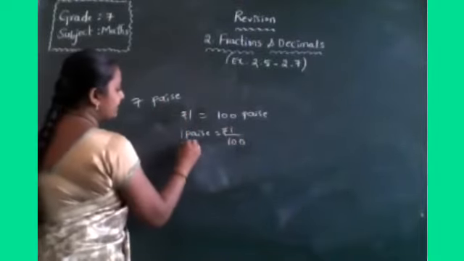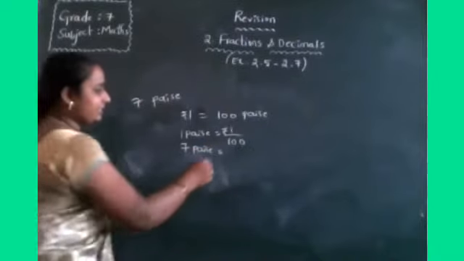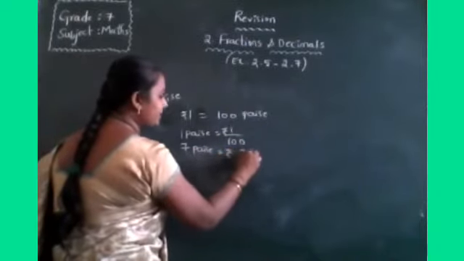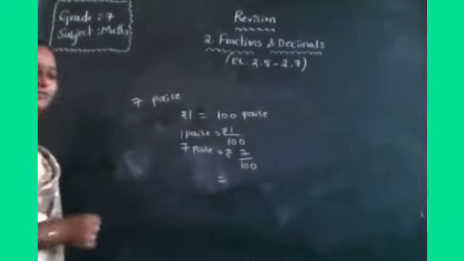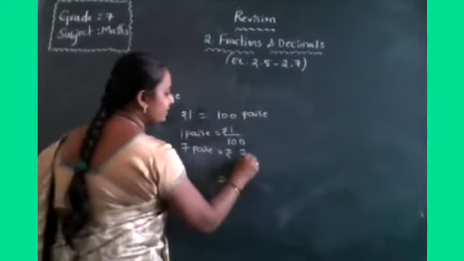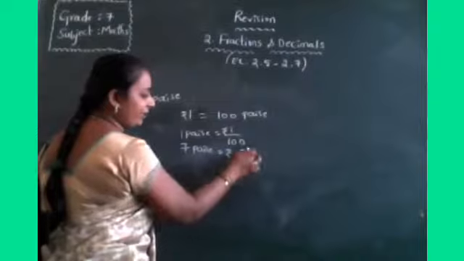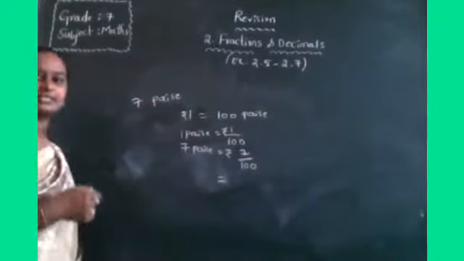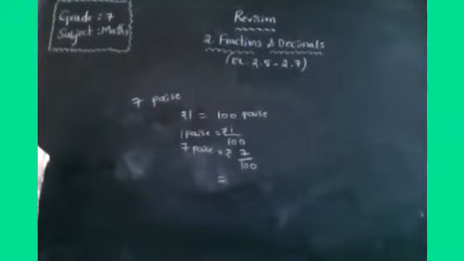Right. Here 7 paise is given. 7 paise is equal to how many rupees? 7 by 100 rupees. Now this fraction you have to convert into decimal. So 7 by how much part here? 1 by hundredths part. Point after how many digits?